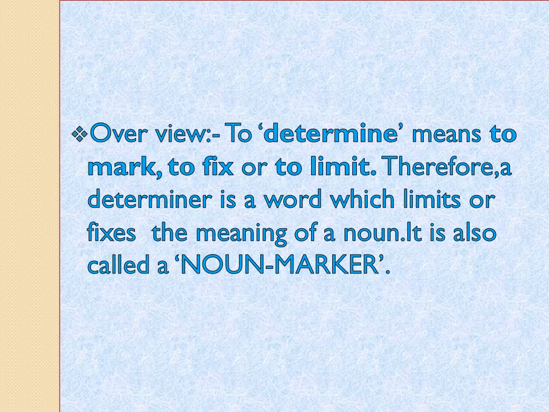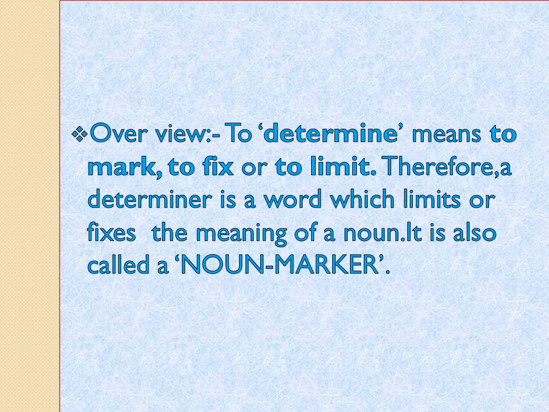To determine means to mark, to fix, or to limit. Therefore, a determiner is a word which limits or fixes the meaning of a noun. It is also called a noun marker.